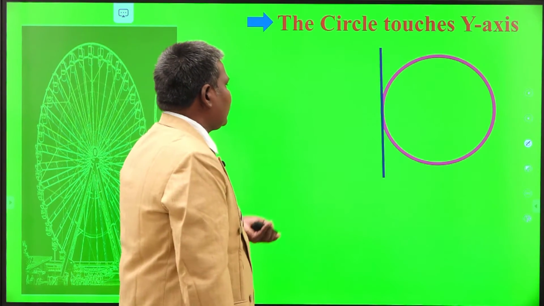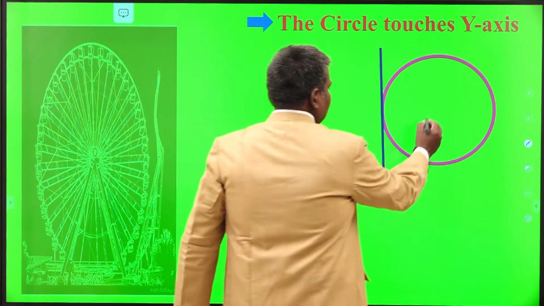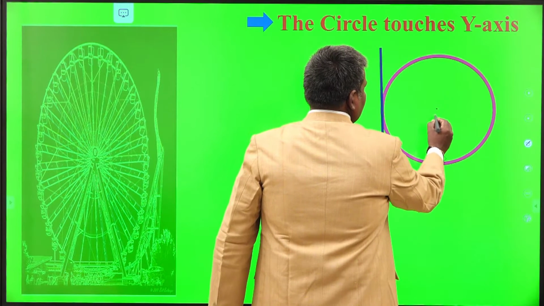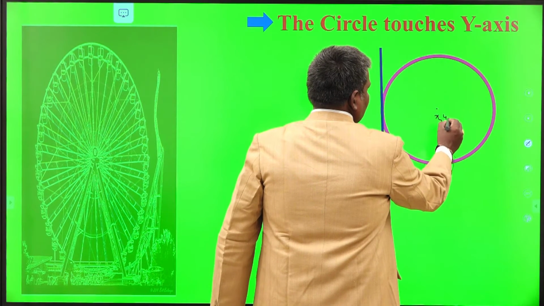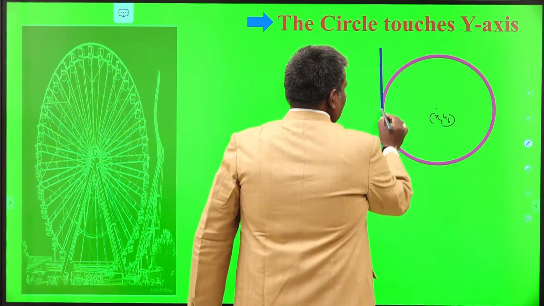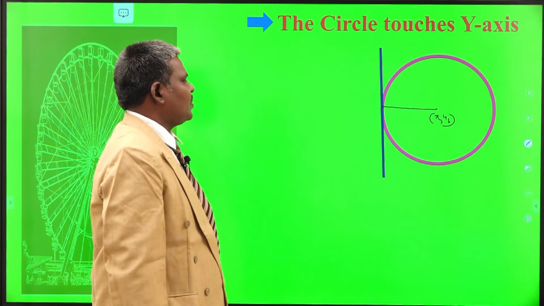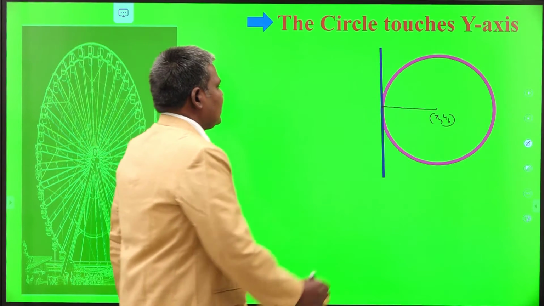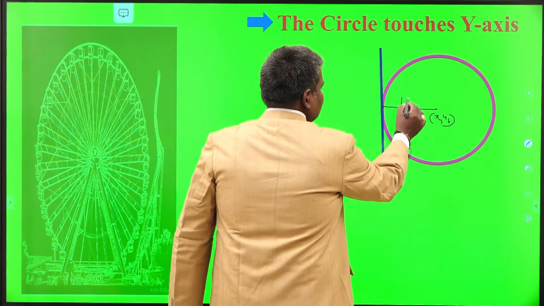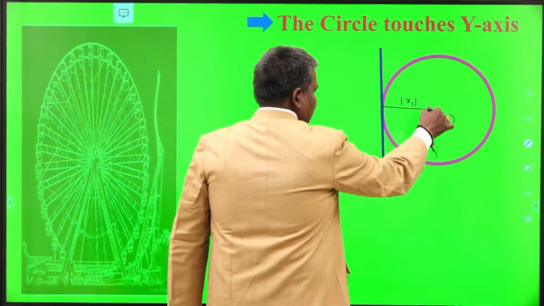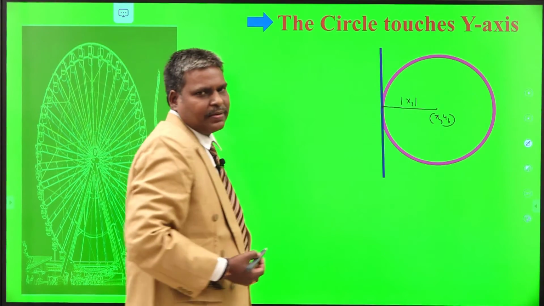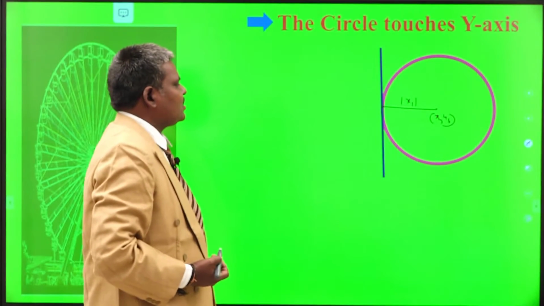In the same manner we can find the equation of circle. Suppose your circle center is at x1 comma y1. Now tell me what is the distance from here to here. The distance from here to here is radius. That becomes what? Modulus of x1. In previous session we had modulus of y1. Here you have modulus of x1.